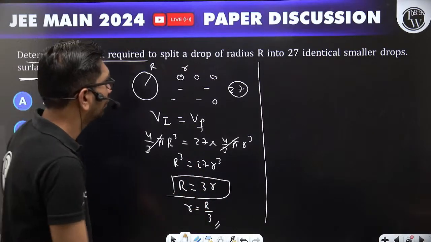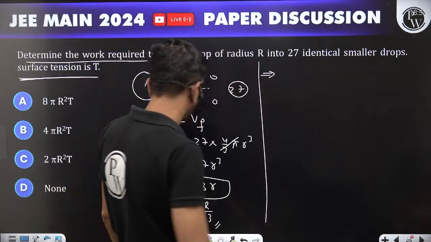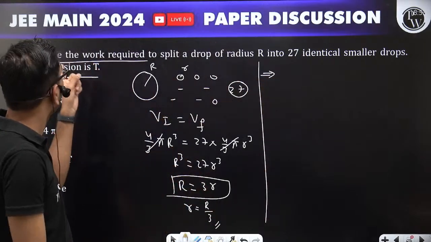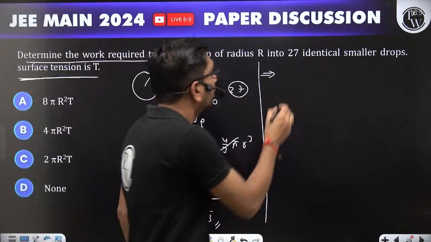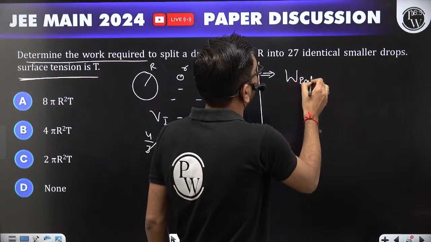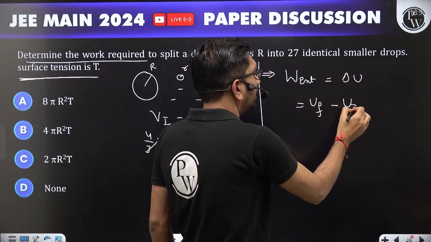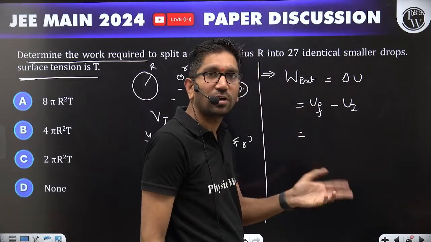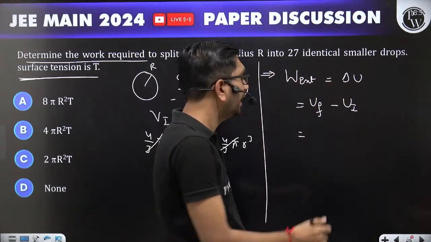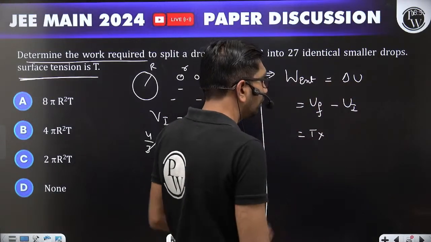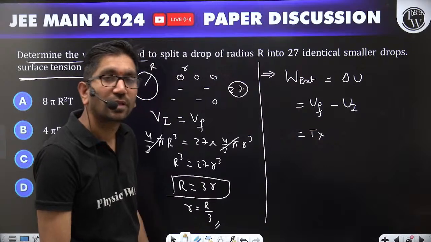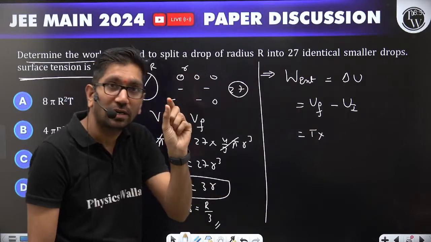Now we have to calculate the external work done. As everyone knows, the external work done is the change in potential energy, that is final minus initial. The potential energy formula is surface tension into surface area. Finally it becomes smaller drops.